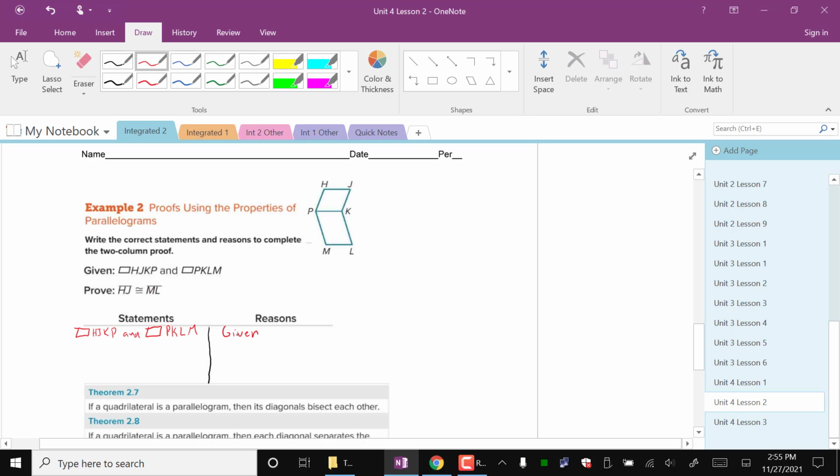Since that's given, we know that opposite sides of the parallelogram are congruent. So what are our opposite sides? Well, HJ is going to be congruent to its opposite, which is PK. And we also know that PK is congruent to its opposite, which is ML.